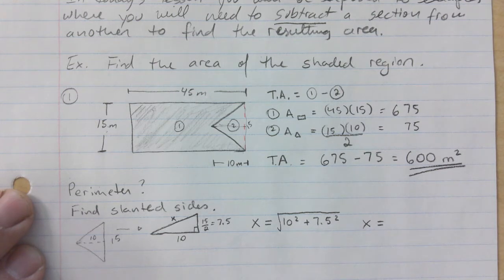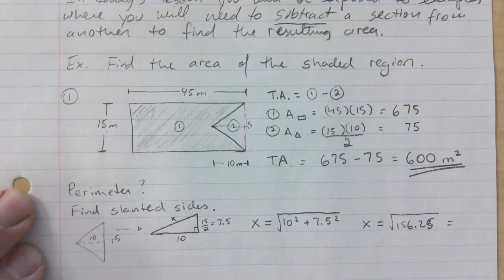It'd be 100 plus 7.5 squared, there we go, 156.25. That's 12.5, and we are in meters.